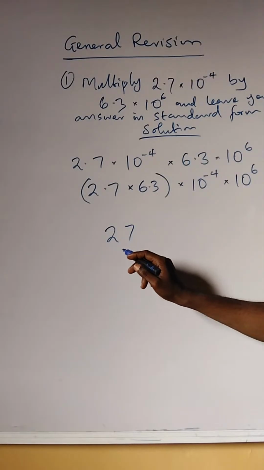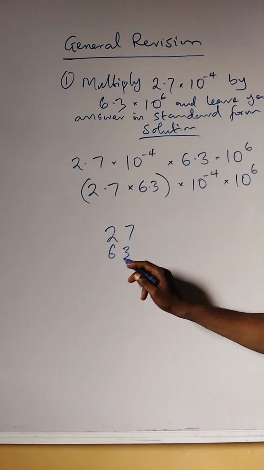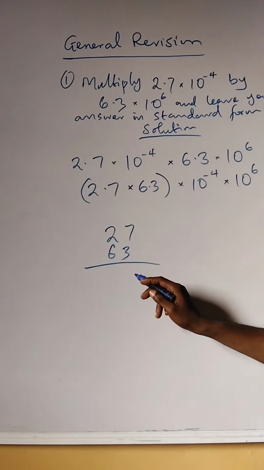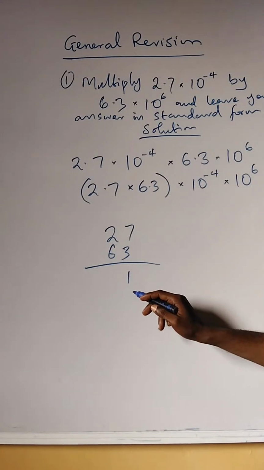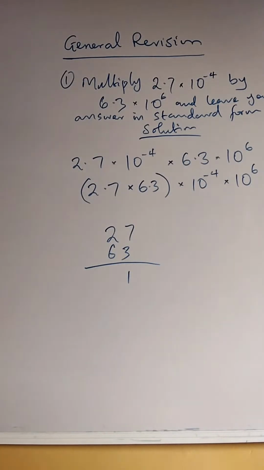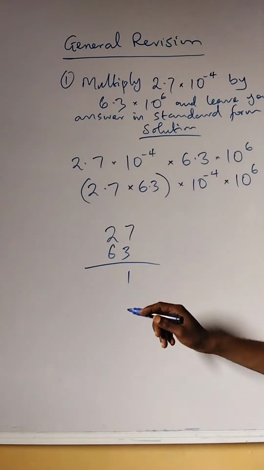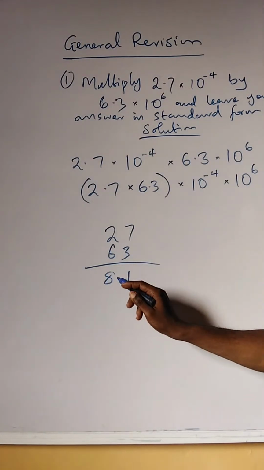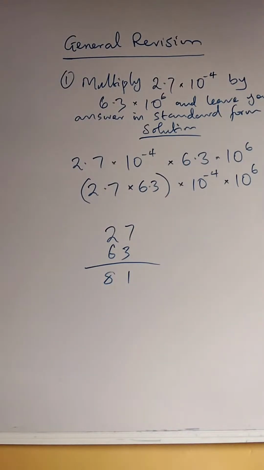First, we can do away with the decimal. 27 times 63. 3 times 7, 21. We keep 2, then 3 times 2, 6, plus 2, 8. Also 6 times 7, that gives us 42.